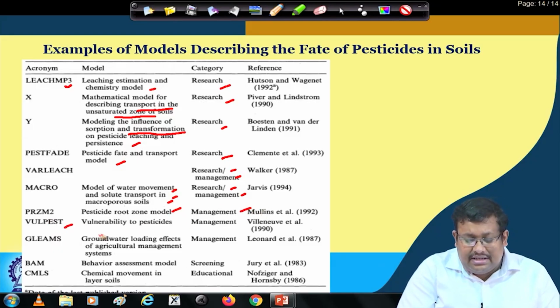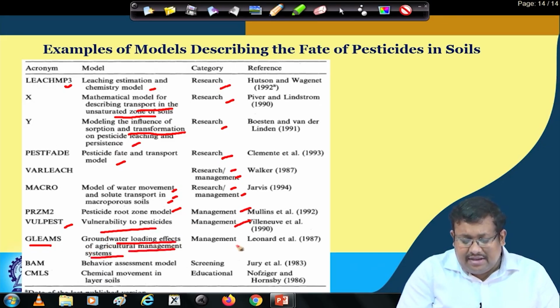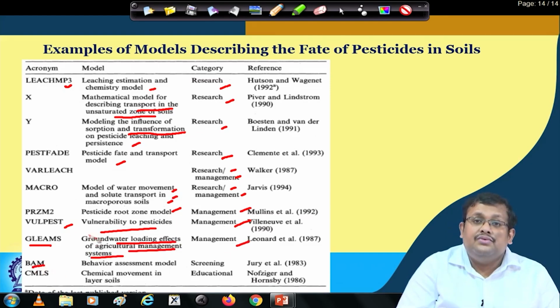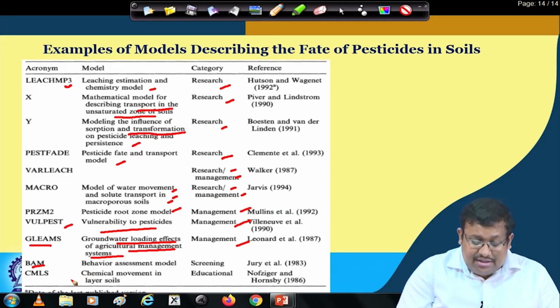Vulpest is a vulnerability to pesticide, that is a management model. Glimpse is a groundwater loading effects of agricultural management system, which is a management model. BAM, we have already discussed this BAM, remember while discussing the CD equations.